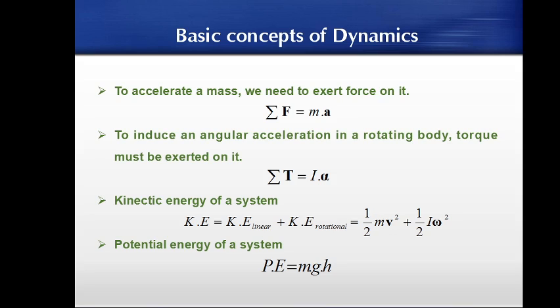So here the basic concept is that the kinetic energy of a system is defined as the total of the linear kinetic energy as well as the rotational kinetic energy, where the linear kinetic energy is equivalent to the kinetic energy experienced by a simple particle, that is half m v square, and the rotational energy experienced by a system is defined as half of the moment of inertia multiplied by the angular velocity square.